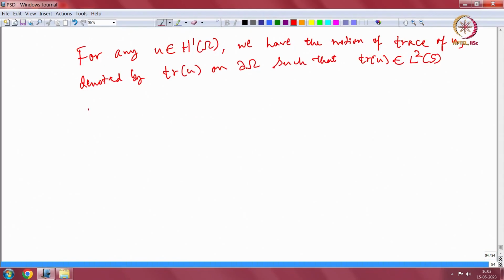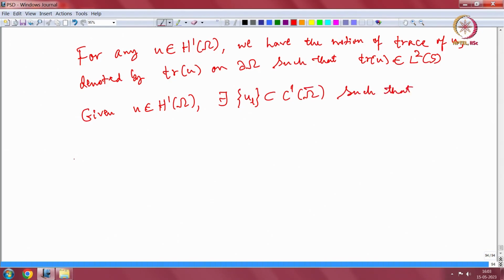Given u in H1 omega, there exists a sequence UL in C1 omega bar such that the H1 norm of UL minus U tends to 0, and also, which is important, UL being C1 functions, their values on the boundary are well defined, so there is no problem there.